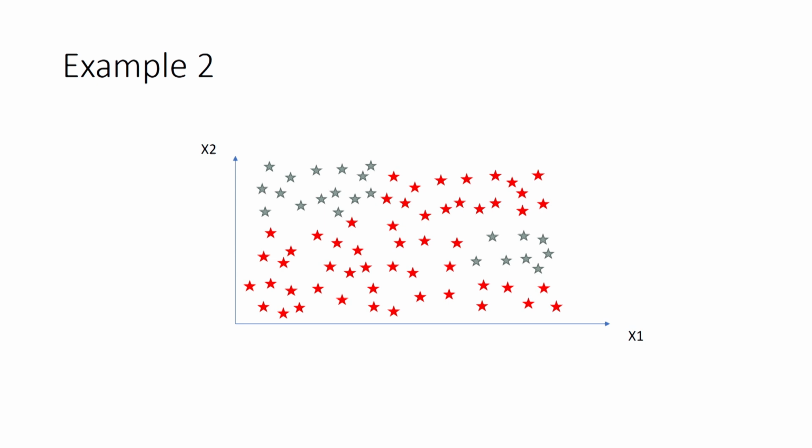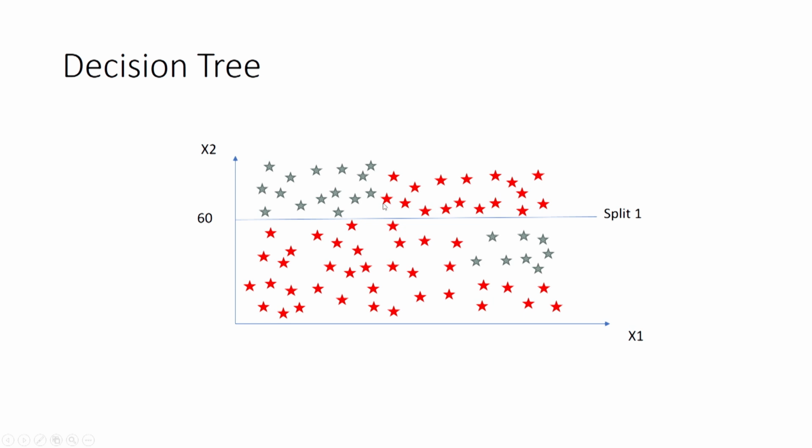There are few instances for which the response variable value is, suppose, red class, and for other instances the response variable value is green class. So there are two classes. This is a binary classification problem, and if we plot it in a scatter plot, we get this scatter plot. You see these are the instances that correspond to one class, that is green class, and these are the instances that correspond to red class.